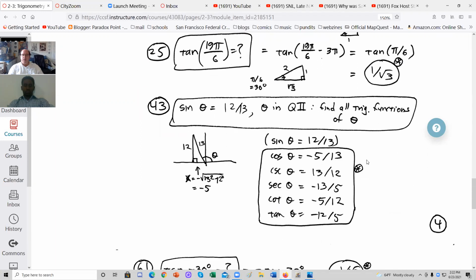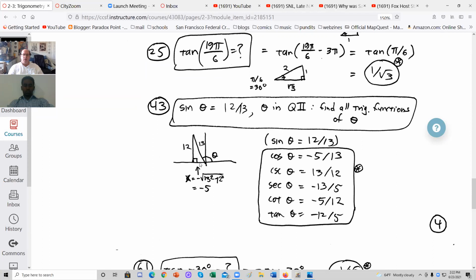And here they have a problem where we're given one trig function and which quadrant it is in. Find all the other trig functions. All right, so sine is 12 over 13. That's y over r, opposite over hypotenuse. Now we have a 12 here and a 13 here. What's this side here? Well, use the Pythagorean theorem.